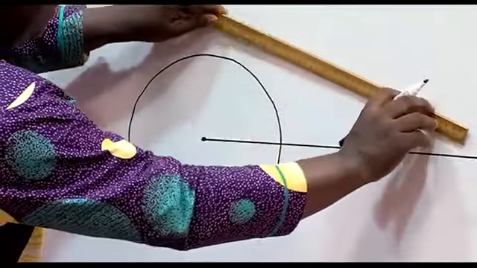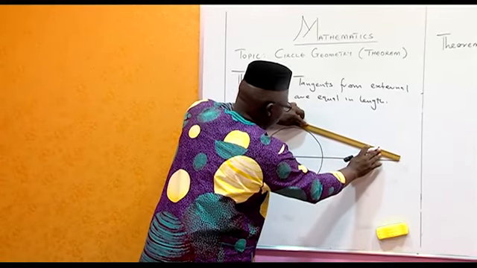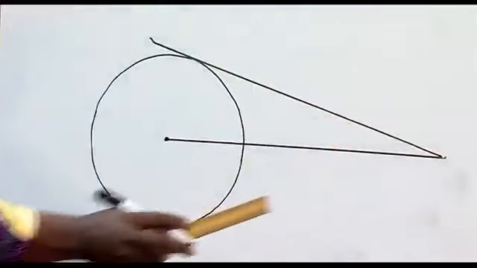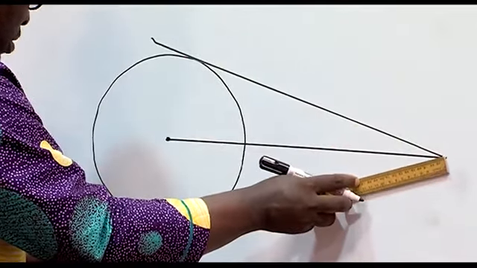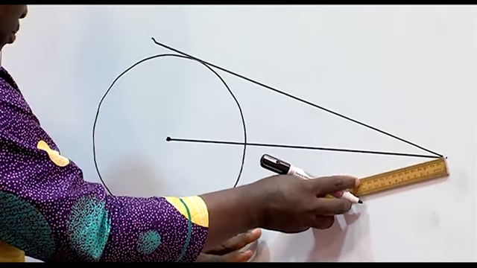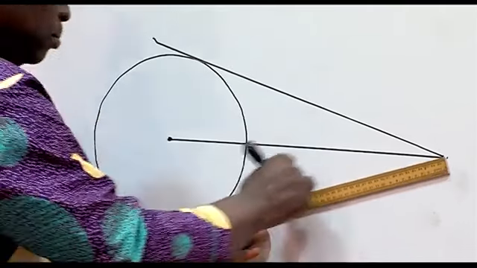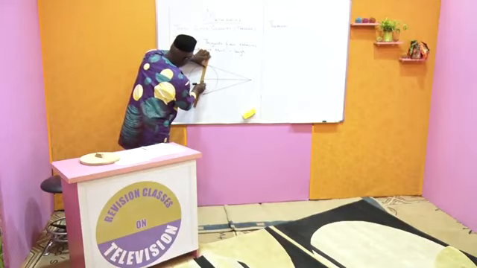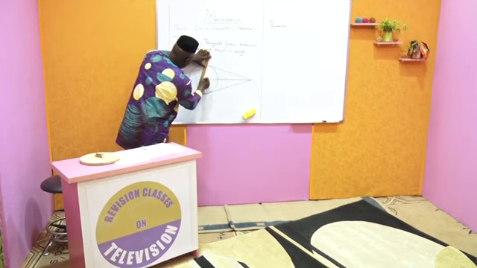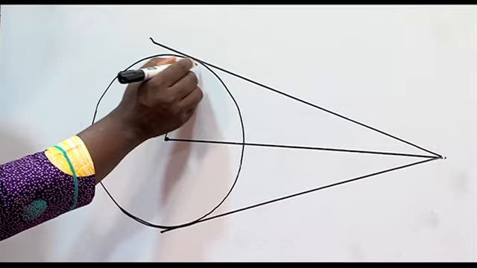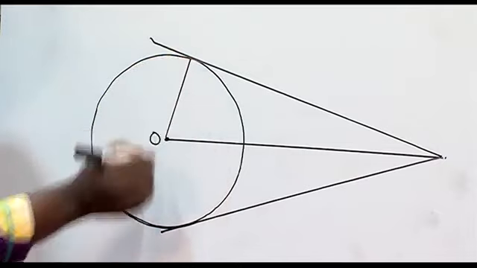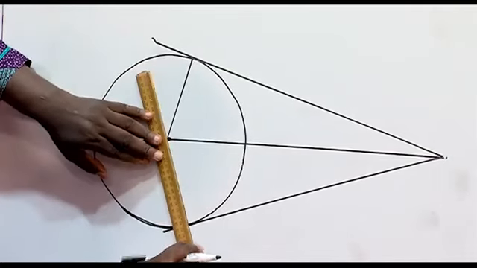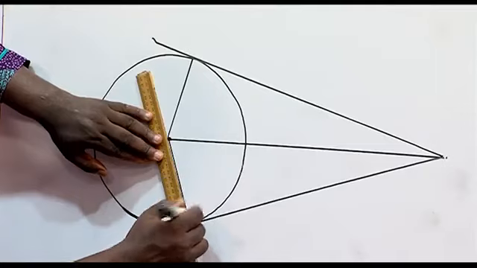Then this is a tangent to the external point. This is another tangent to the external point. From this point of contact to the center of the circle, we have a radius. There is the center O. We also have a radius here.